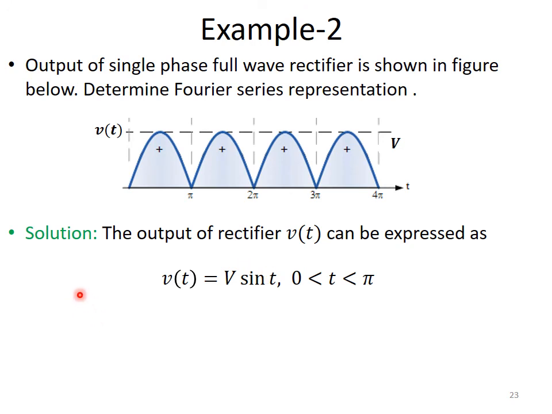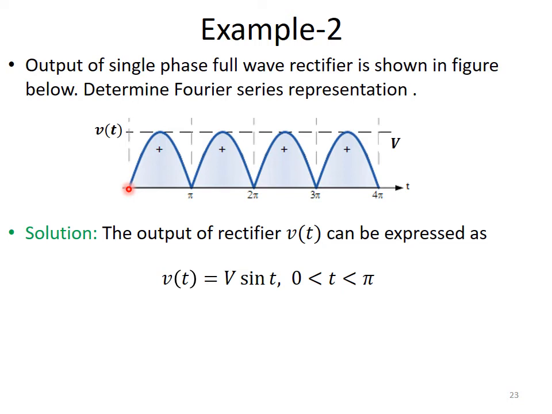Now example number 2, a very familiar one for electrical engineers, is the output waveform of a full wave rectifier. This is how the output waveform of a full wave rectifier looks, and it is basically pulsating DC, and output is represented as V of t, and the peak value of the output is V, right?